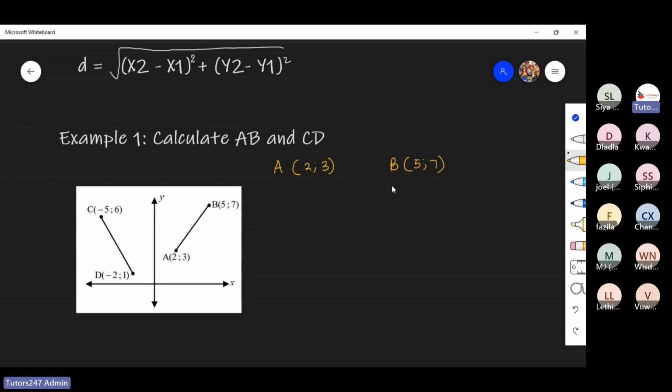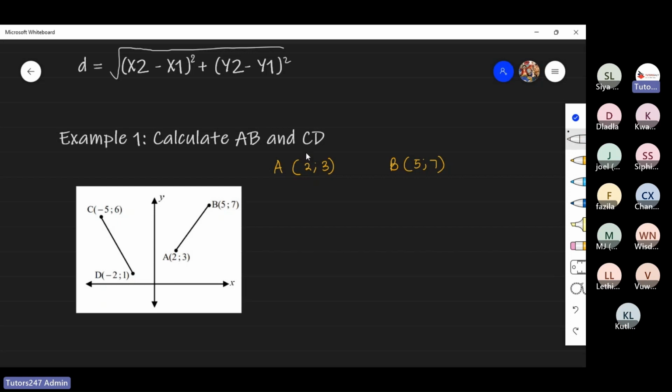Now, we need to decide which values are going to be denoted by x1, x2, and which values are going to be denoted by y2, y1. So I'm going to have A denoted by x1, y1. I'll have B denoted by x2, y2.